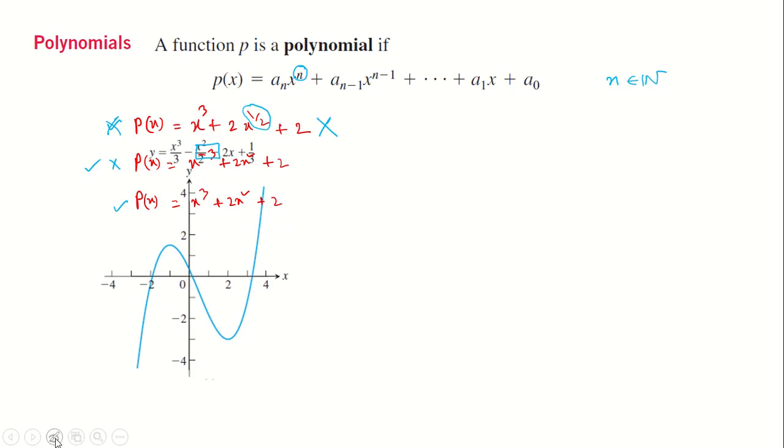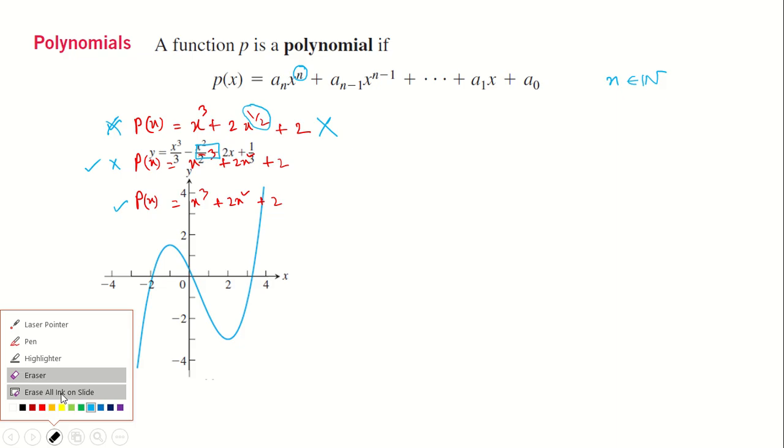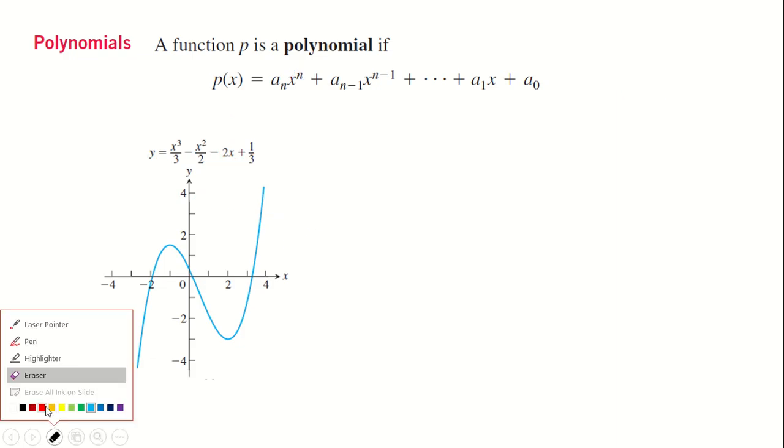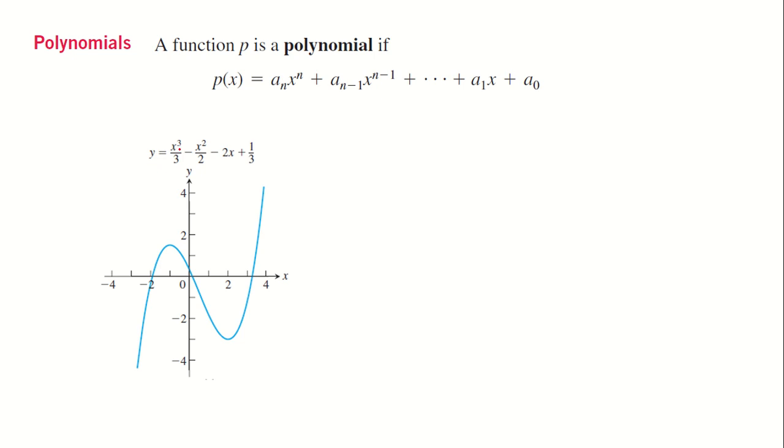Here is a graph of a polynomial. Look at this: y equals x cube, x square, x, and a constant term. The coefficients can be a fraction, but the power of the variable cannot be a fraction or negative. It must be a natural number, right?